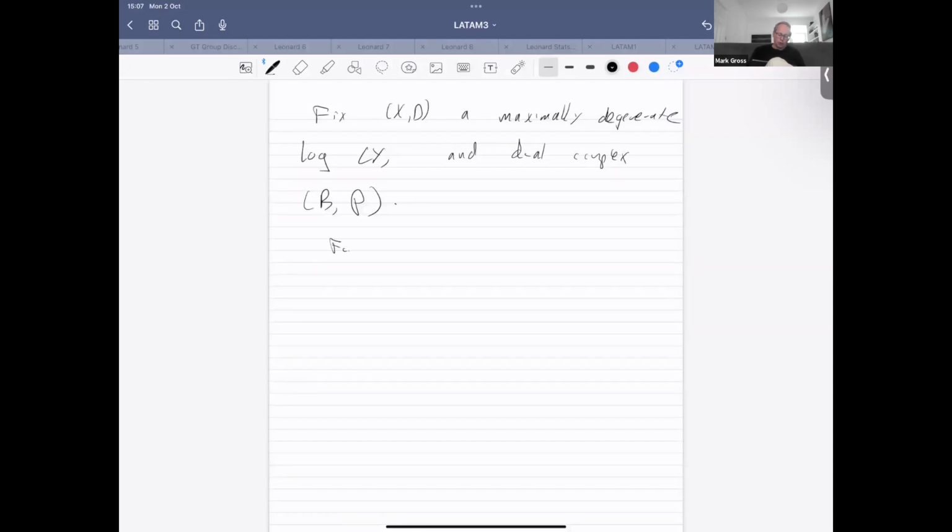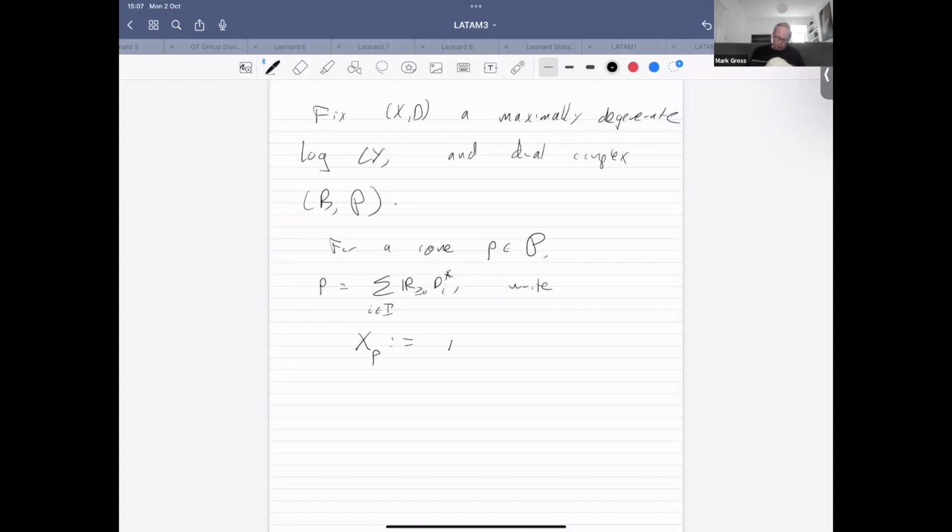So for a cone rho in P, let's say rho is some sum, over some index set I, of R greater or equal to 0 times D_i star, we can write X_rho.